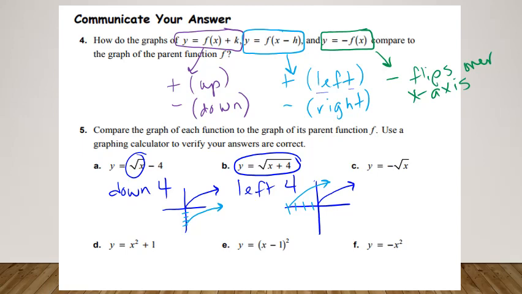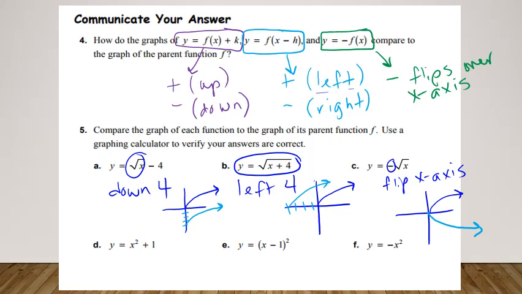Same shape, just moves left. All right, so let's try this again for the negative on the outside. That one means it's going to flip over the x-axis. So that would look like, again, here's the original, and that would look like this. Okay, so flipped upside down over the x-axis.